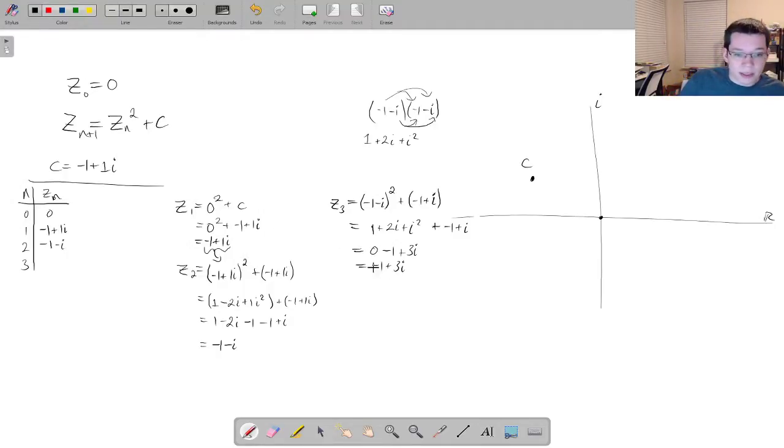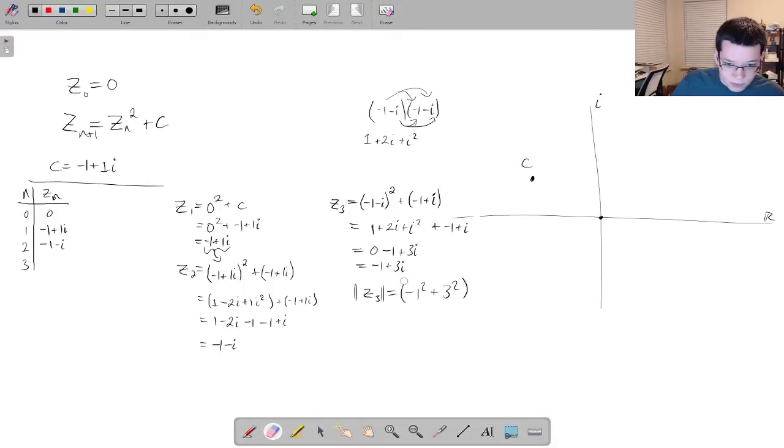So we can actually take the magnitude of this number. So the magnitude of z3 is equal to negative 1 squared plus 3 squared.